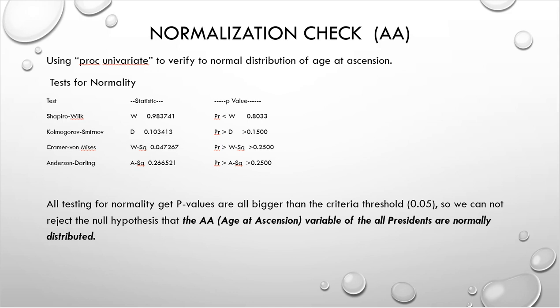That's running the SAS program. Then the test result comes. See the 4 p-values. Their values are all larger than the criteria threshold. Default criteria value is 0.05. So we cannot reject the null hypothesis. The age of accession variable of all presidents is normally distributed.